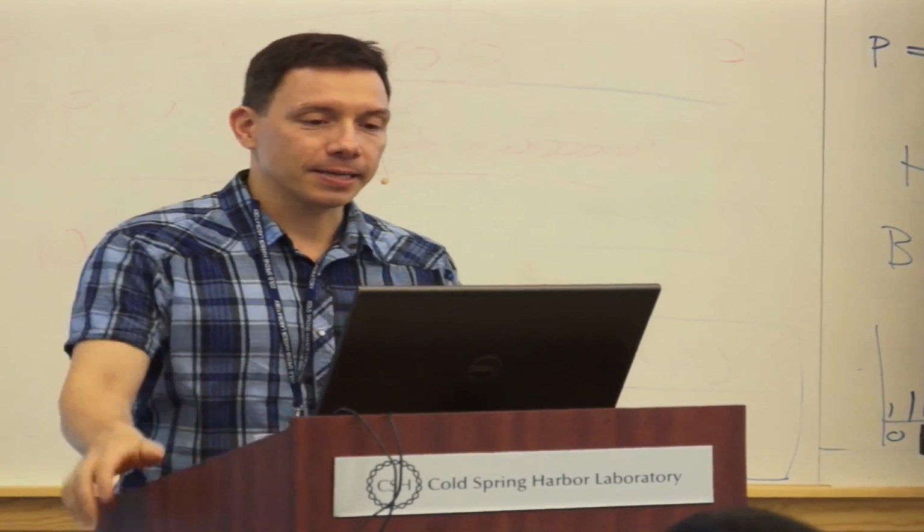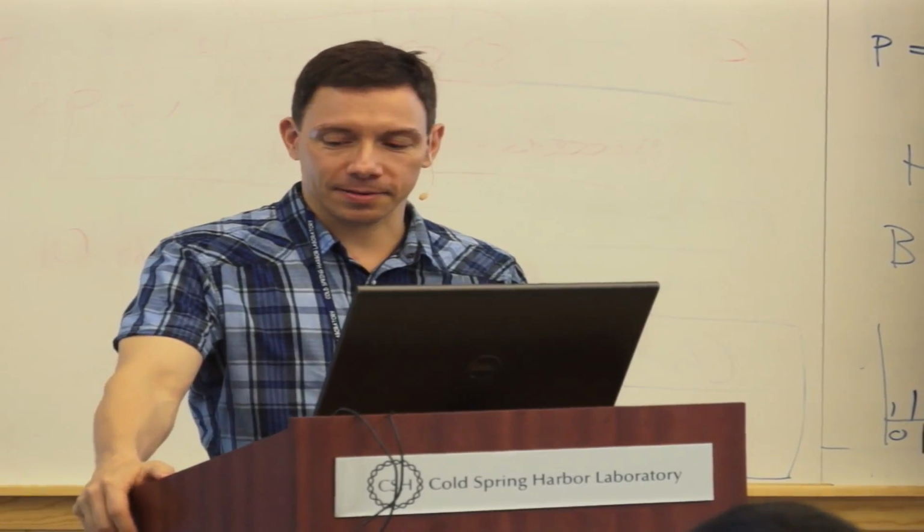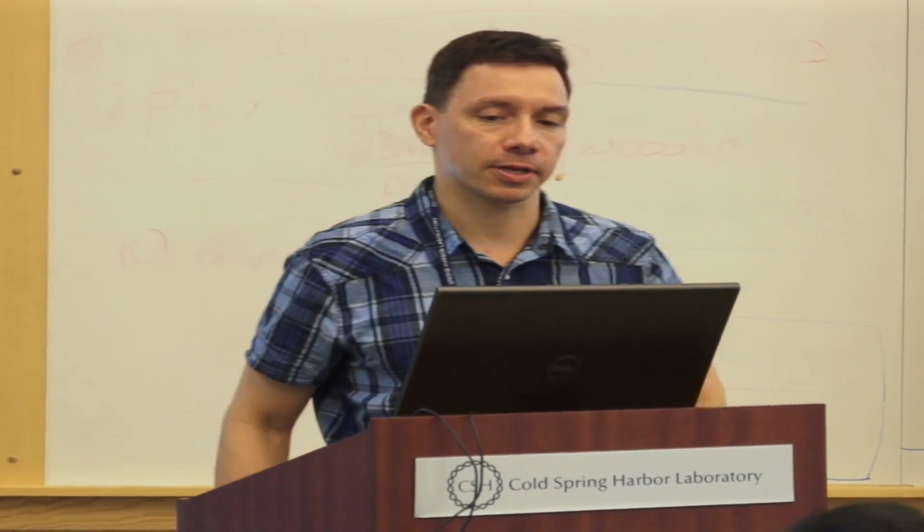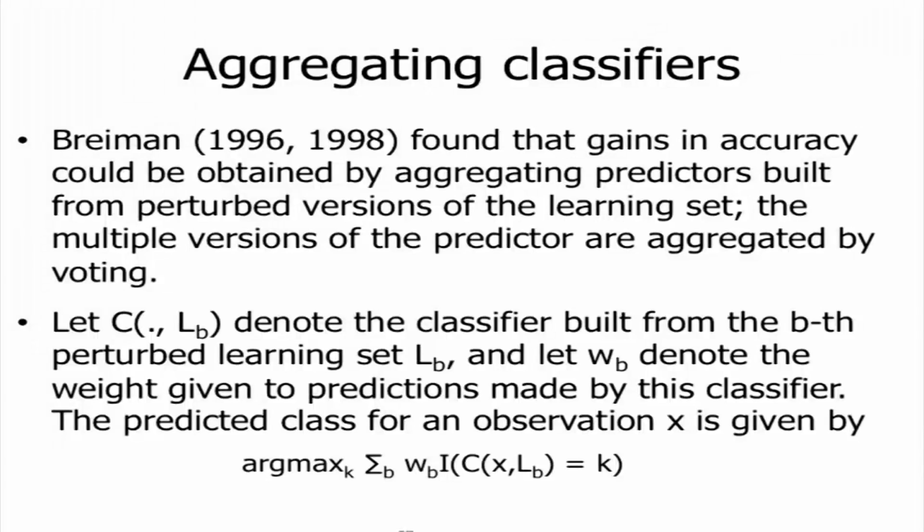All right, let me come to another topic which I referred to earlier, which is bagging and aggregating classifiers. Let me start out by reminding you that classification tree predictors are terrible predictors, right?